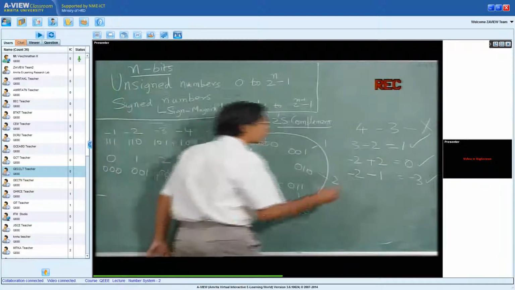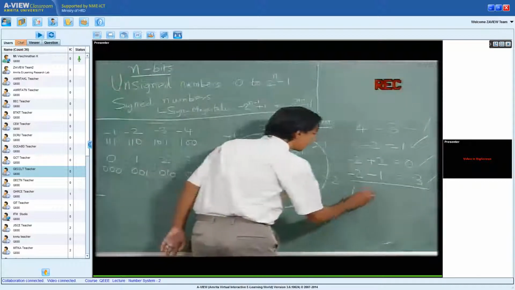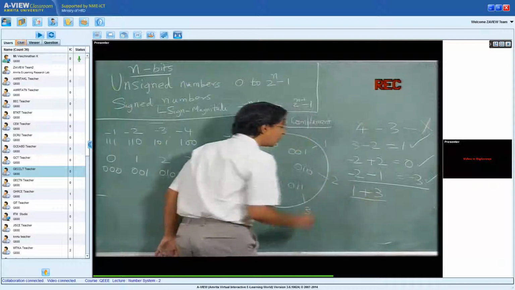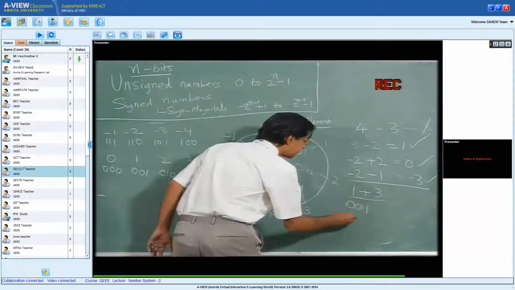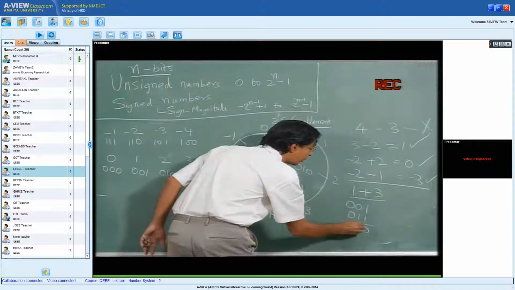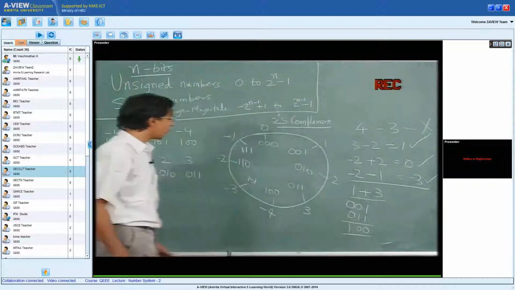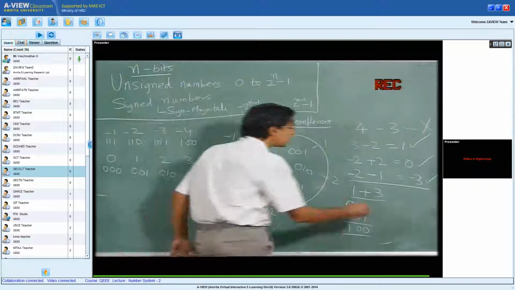Now let us take two interesting situations. Suppose I want to do 1 plus 3. What is 1? 0, 0, 1. 3 is 0, 1, 1. When I add this, 1, 1 is 0, 1, 1 is 1, I get 1, 0, 0. And note what is 1, 0, 0? It is minus 4.